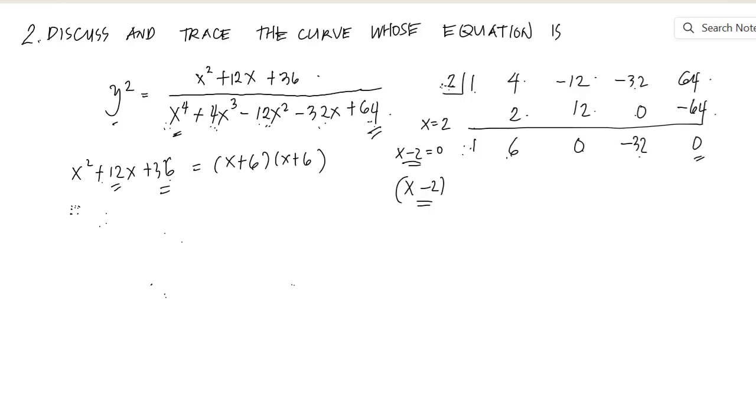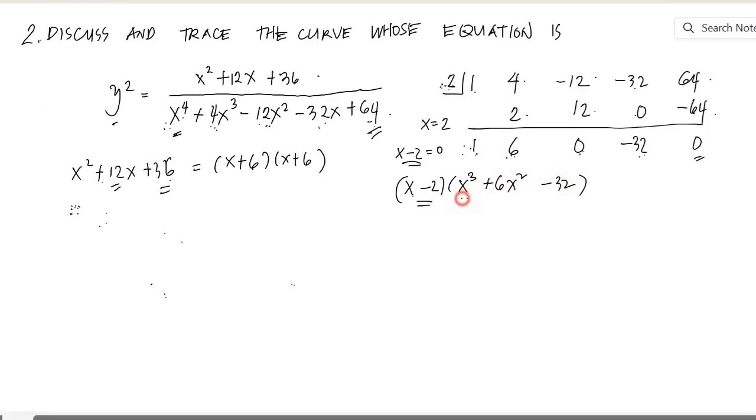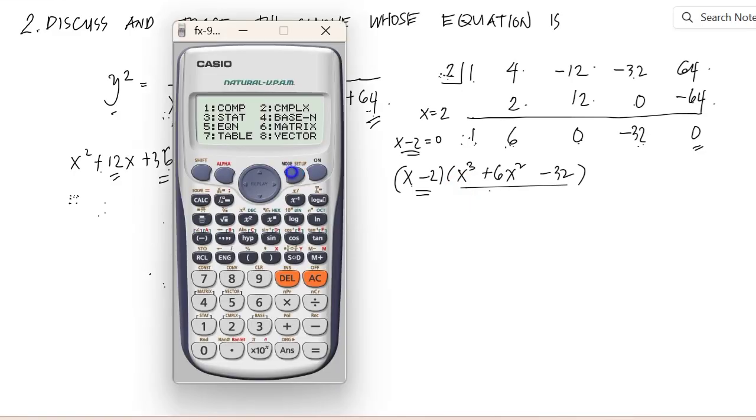Since we have x to the fourth divided by x, the first term is x cubed. That would be 1x cubed plus 6x squared plus 0x minus 32. Now we solve for the factors of this expression. We make use of the mode equation, that's 5 and 4.